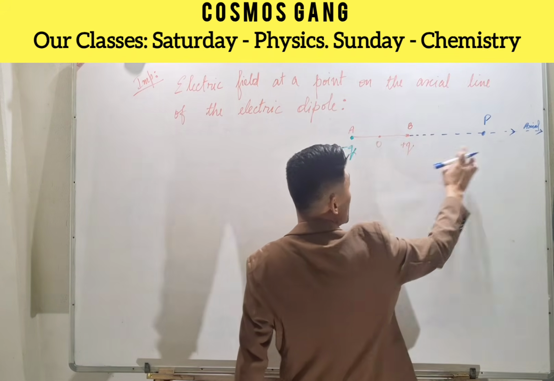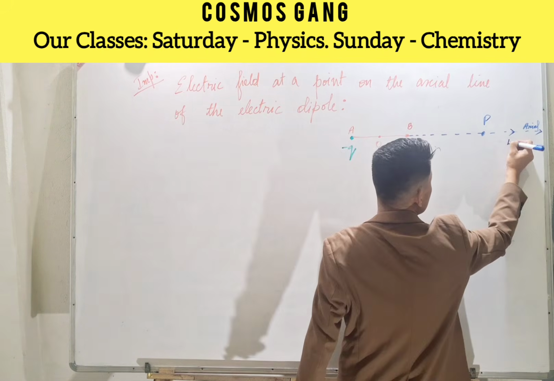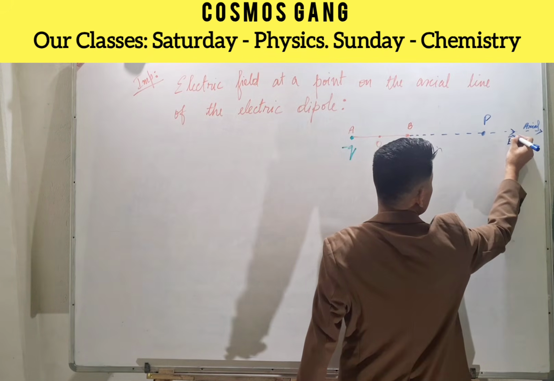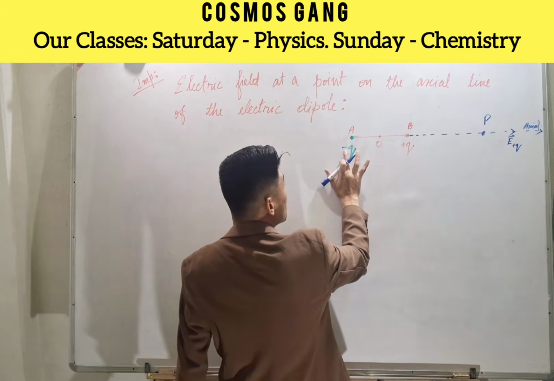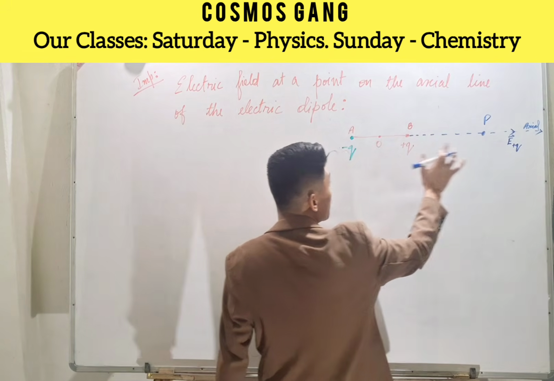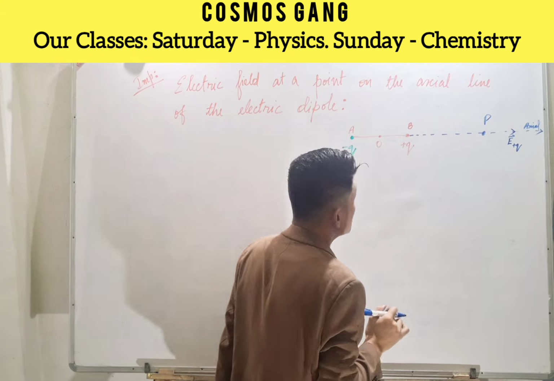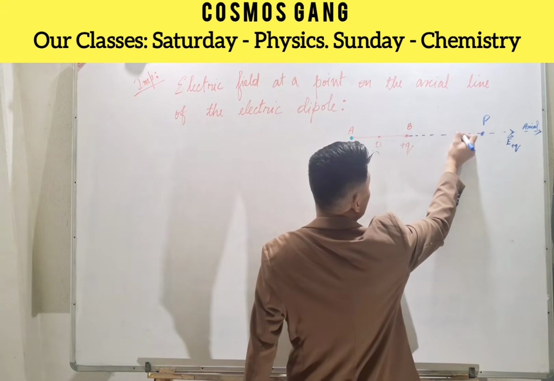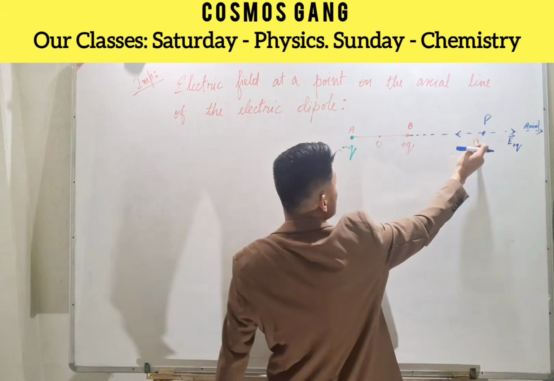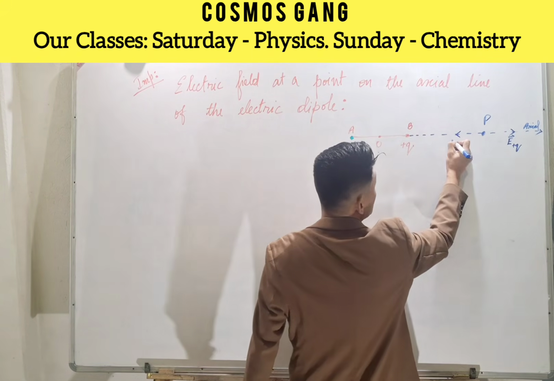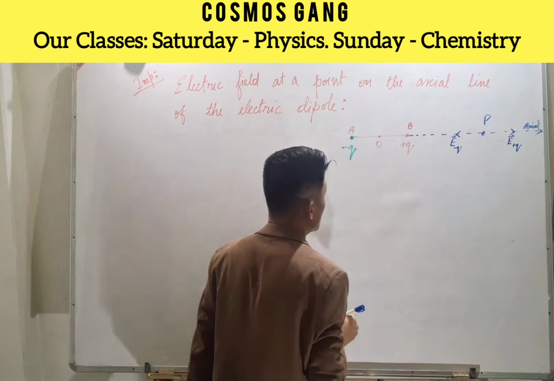So the electric field at P given by plus Q is denoted by E plus Q. Because of minus Q, an electric field will also act at point P. That electric field will be an attractive force, that is, in this direction. Let's say it is given by E minus Q.